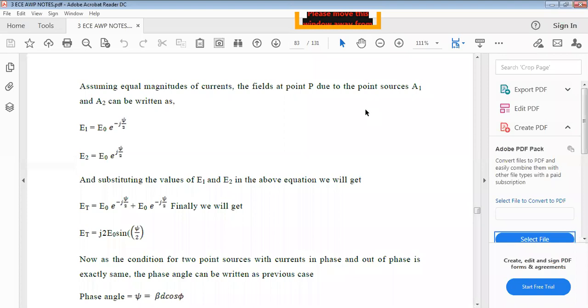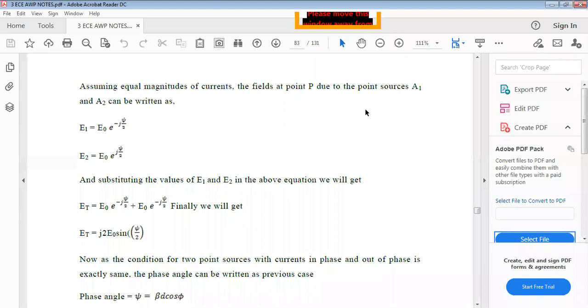Array factor is always defined as the resultant field strength we obtained here, Et, by its maximum amplitude. Its maximum amplitude is again 2e naught. When we cancel 2e naught in the numerator and denominator, we just get sine psi by 2 here, for identical or unidentical, both are the same.